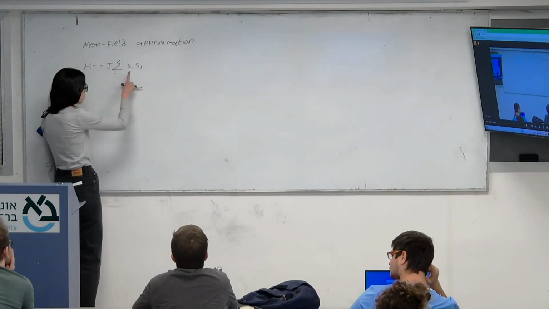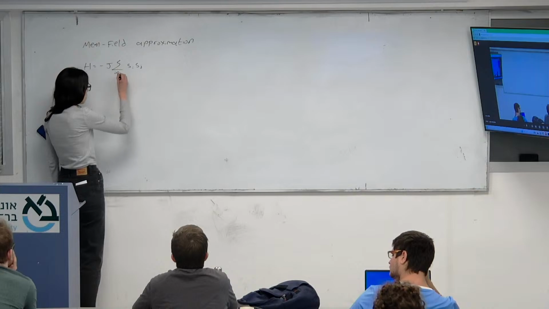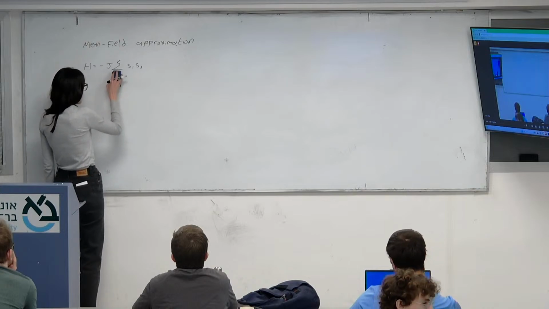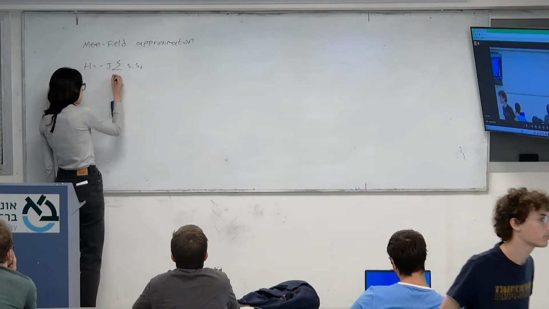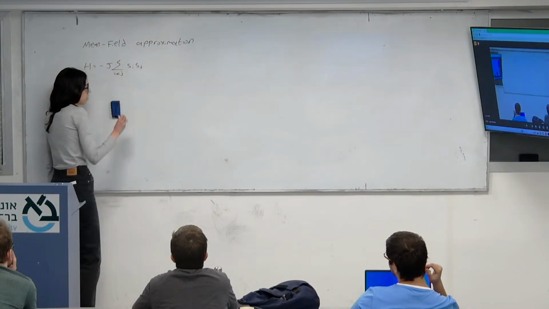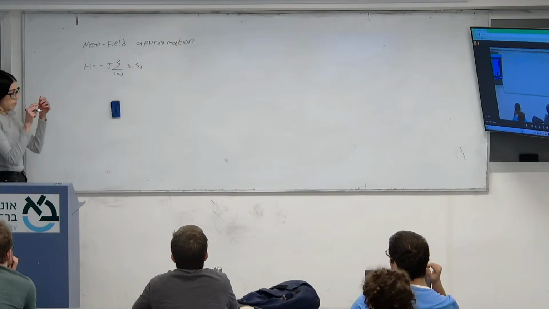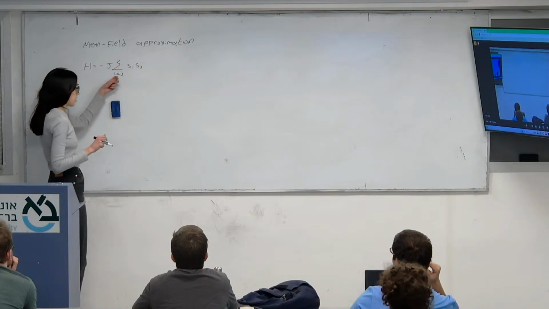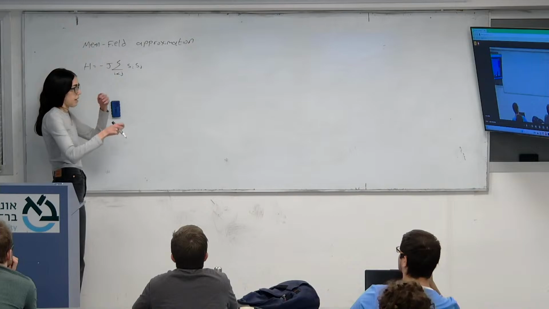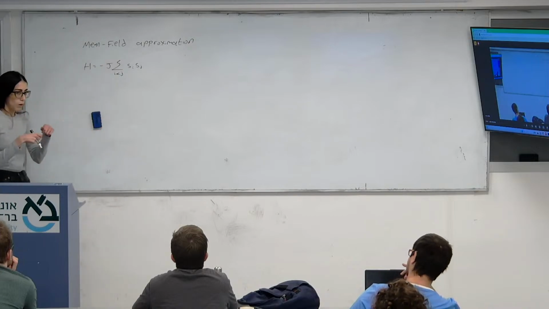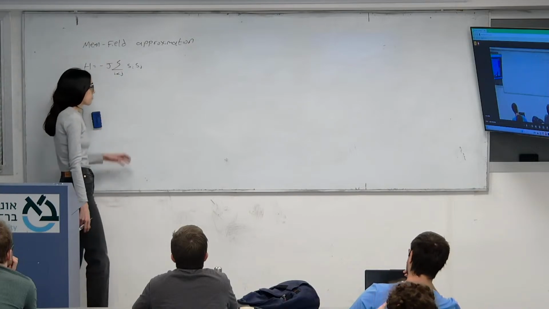Now we have it for any i and j, for any i that's smaller than j. So this is basically any pair of i and j in the system, and the i smaller than j is just so we won't count the same interaction twice.